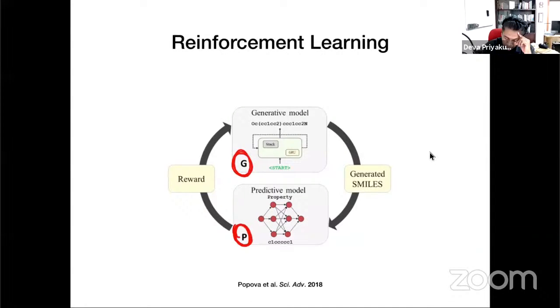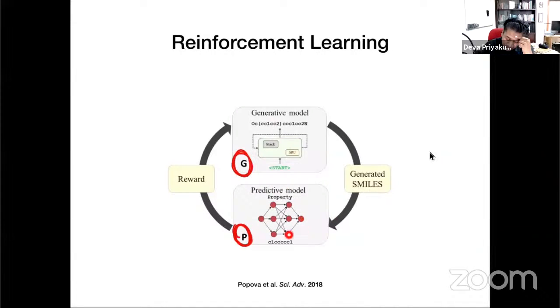So what does this generator do? It generates new molecules, right? It just keeps giving you new molecules. The predictor model is pre-trained, like the one which we saw before, where you have the energies. So you take these molecules and predict that particular property.